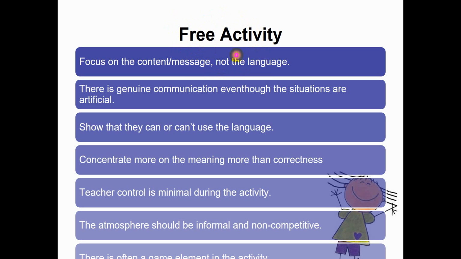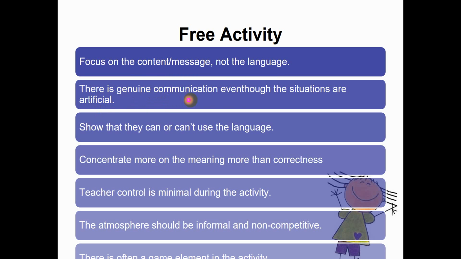If it is free activity, we focus on the content, not the language. For example, tell me about your holiday. The students focus on the activities on holiday, what they think about holiday. So don't worry too much about the language. Again, if you want to focus on the language, that is in the controlled or guided activity.